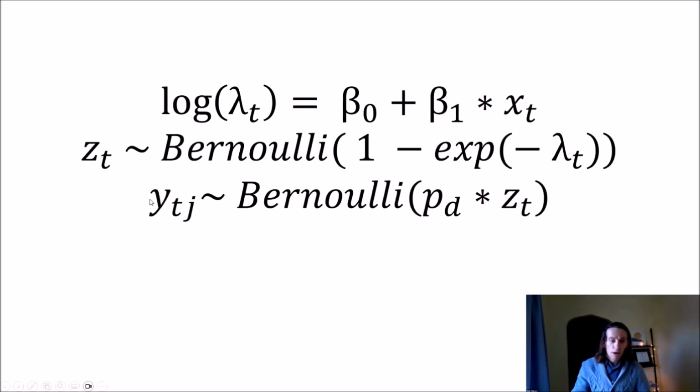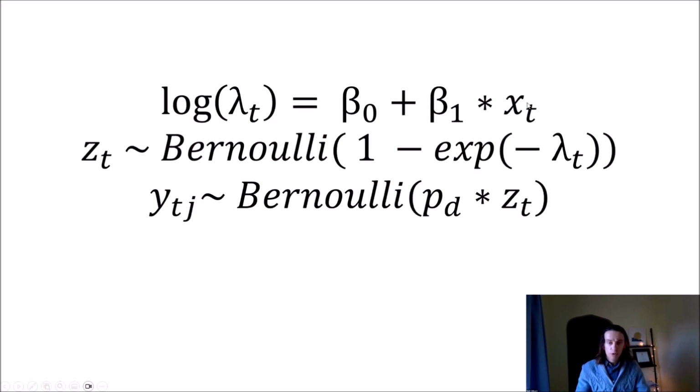And then last of all, we model our presence absence data, y here. So y across our t sites and j repeat visits. We model that with another Bernoulli trial where the probability is detection probability times the latent occurrence state here. And so the things to note here are that we have a shared model for the latent ecological state or pattern.